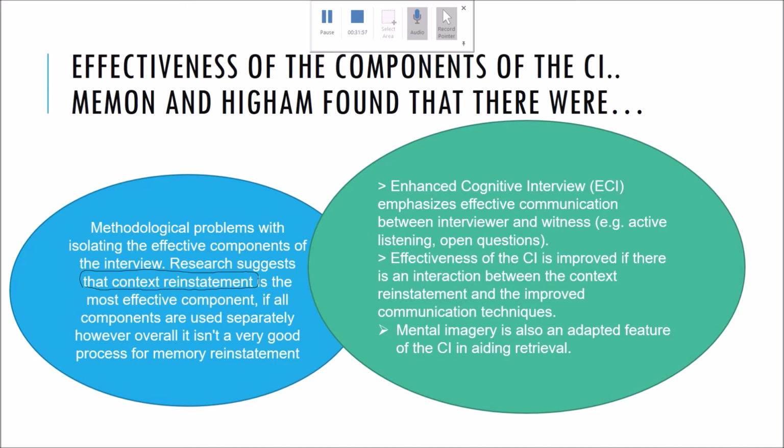Now what they said was that context reinstatement, the part of the cognitive interview where you try and match the context in which they saw or witnessed a crime with the one in which they're recalling it, was the most effective where each of the components were used separately.